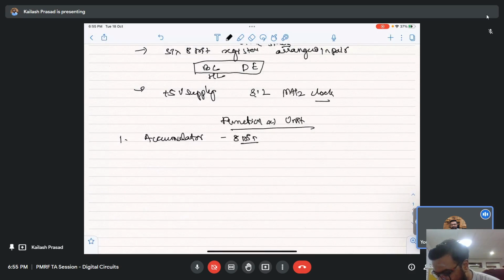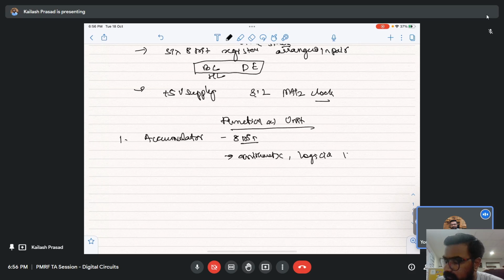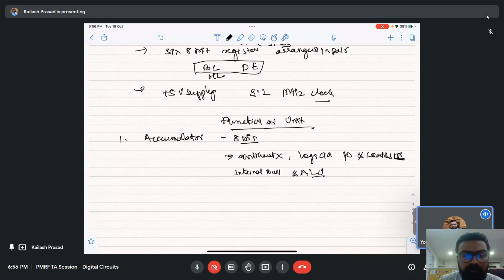The accumulator is used to perform arithmetic, logical, IO, and load and store operations, right? And this accumulator is connected to the internal bus and the ALU, because you want to perform arithmetic and logical operations. So this is the first thing.